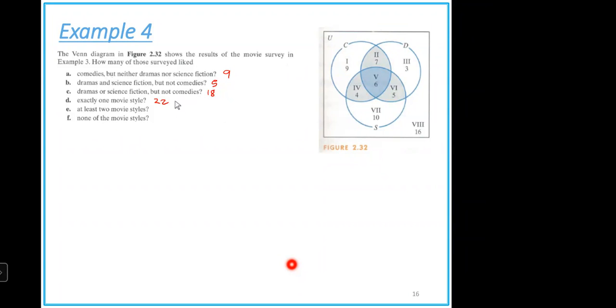Now look at E. It says, how many persons like at least 2 movie styles? What do we mean by at least 2? Only 2? At least 2. So that'll be the persons with the one with 4, 7, and 5.